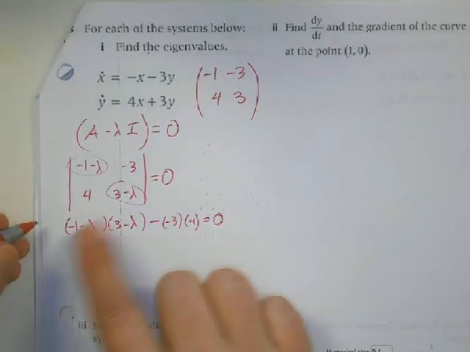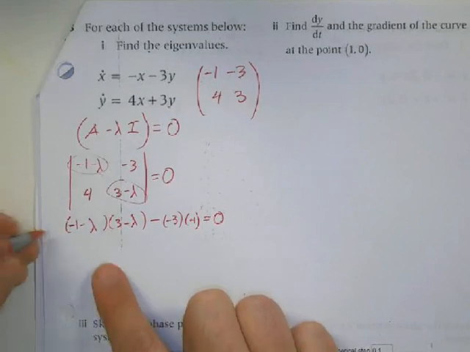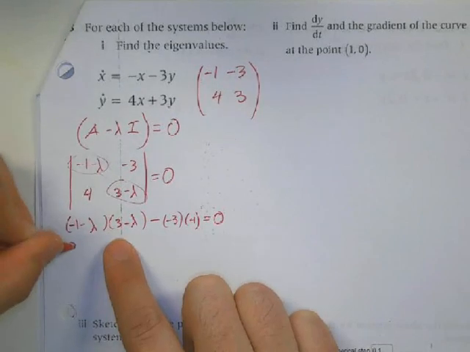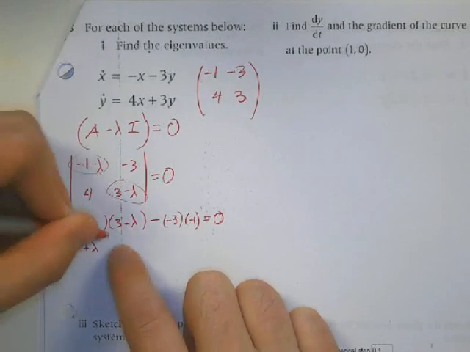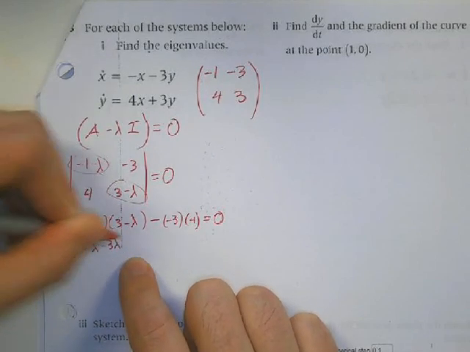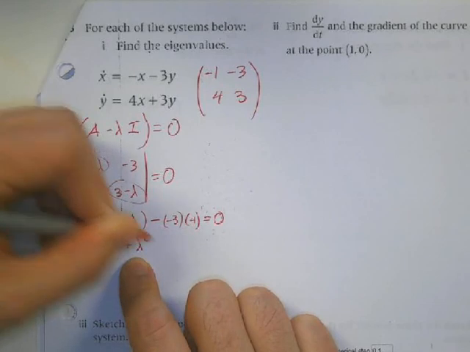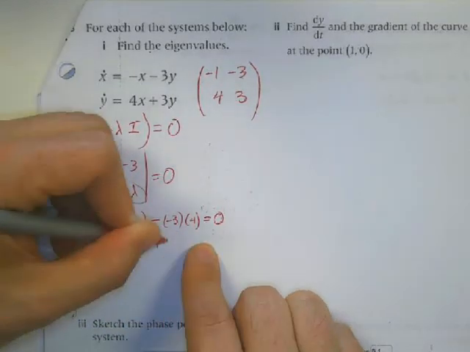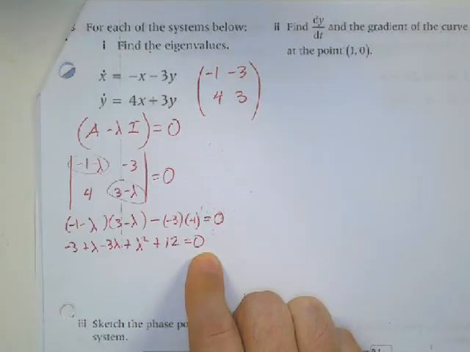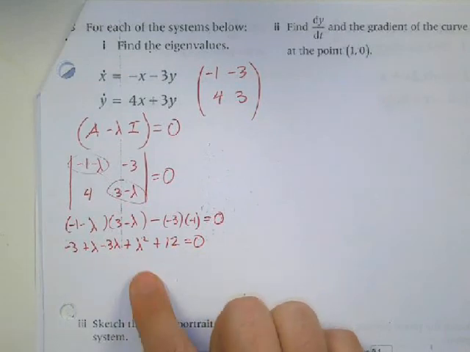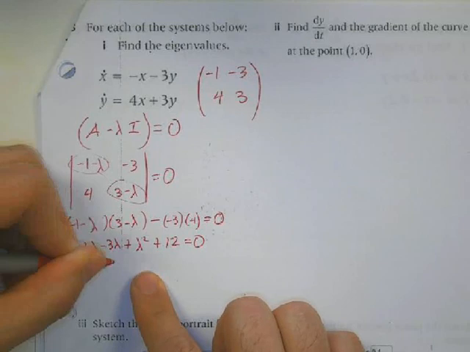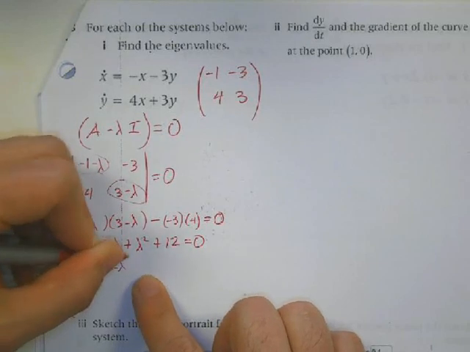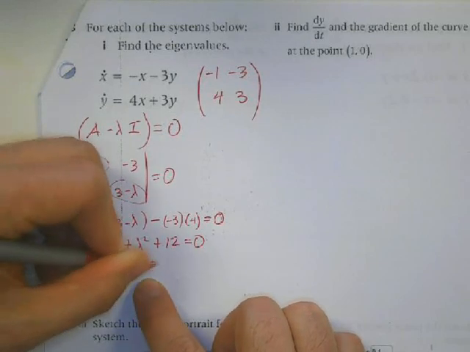Okay, then we FOIL this out, and we've got -3 plus lambda minus 3 lambda plus lambda squared plus 12 equals 0. Okay, combine our like terms, and I get lambda squared minus 2 lambda plus 9 equals 0.